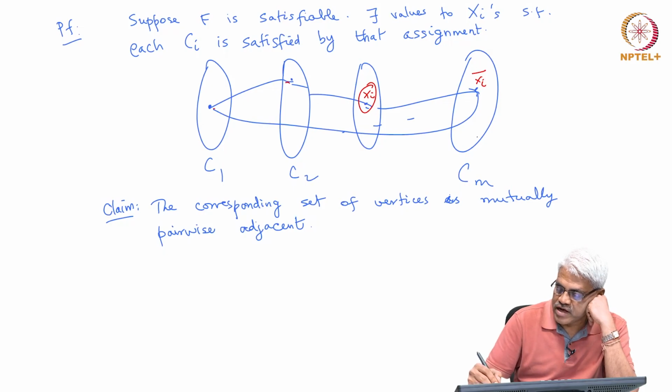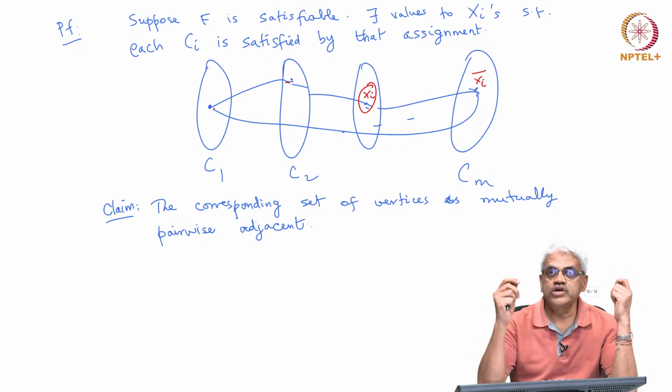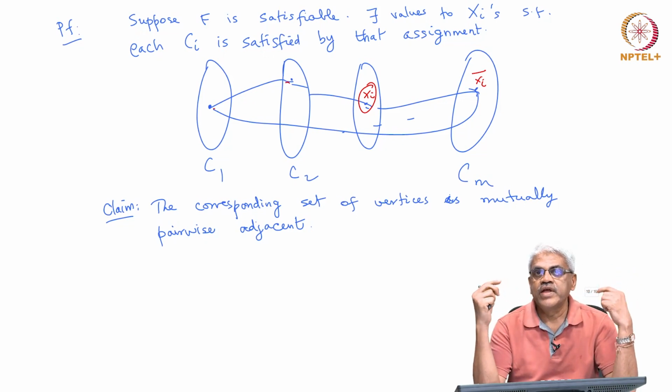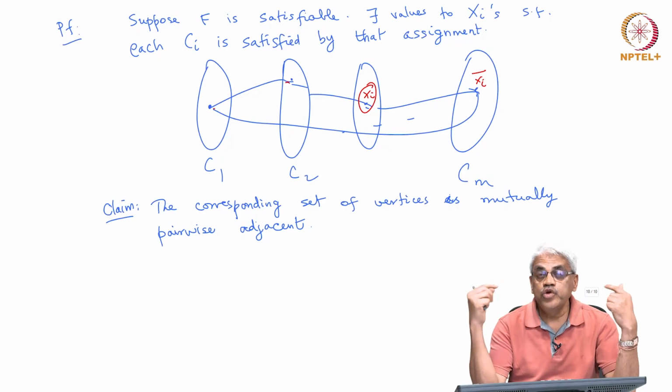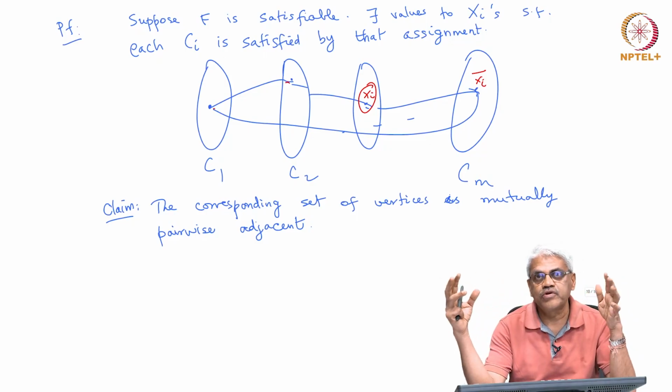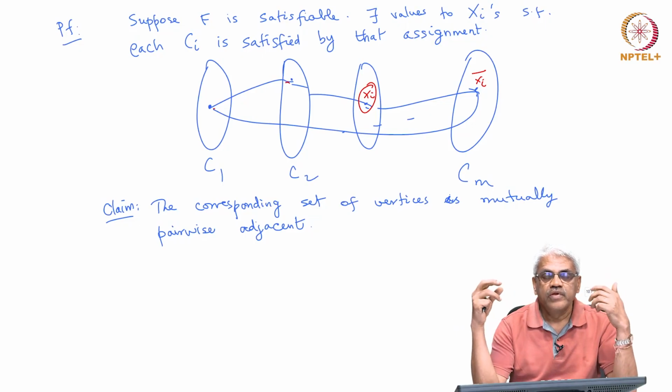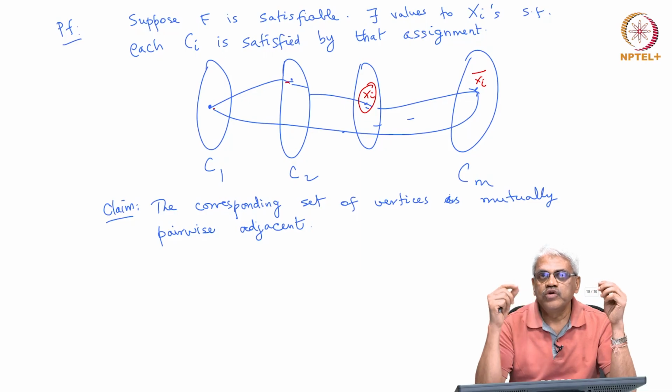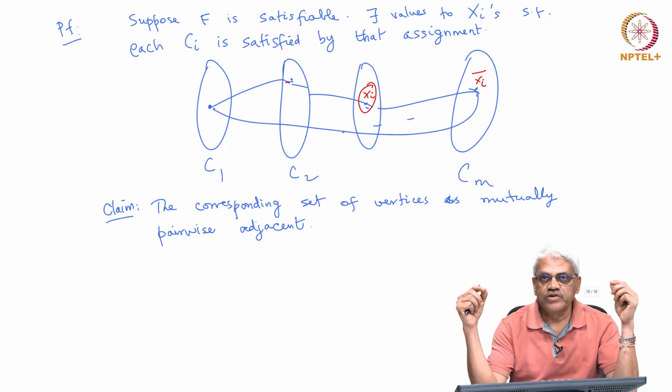So, how can you say that in this clause this is satisfying it? No, in each clause you picked a literal that was set to true. So, it is not possible that I picked xi from one clause and xi bar from another clause, because one of them will be false. So, I have picked true literals from each of these clauses.